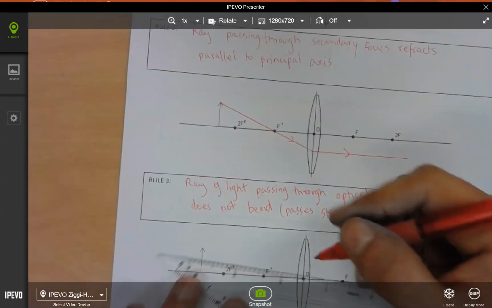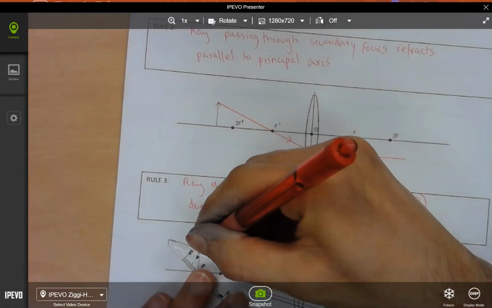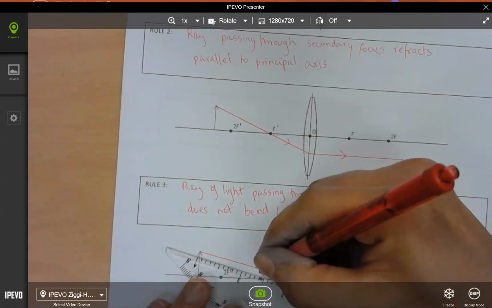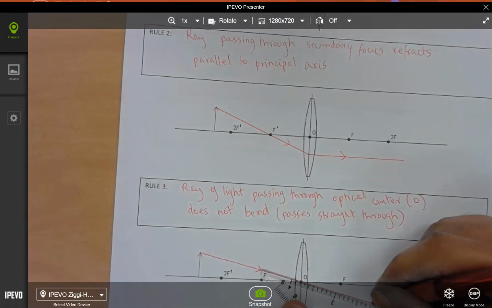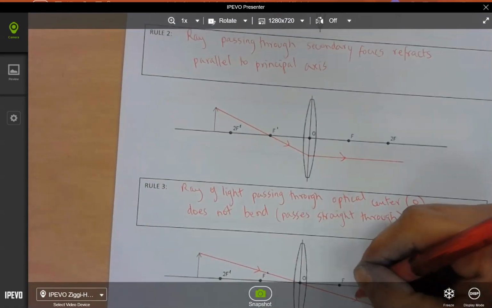So if I take this ray of light going through the optical center, I draw this incident ray. I don't have any bending. I'm just going to come out the other side, just like so.